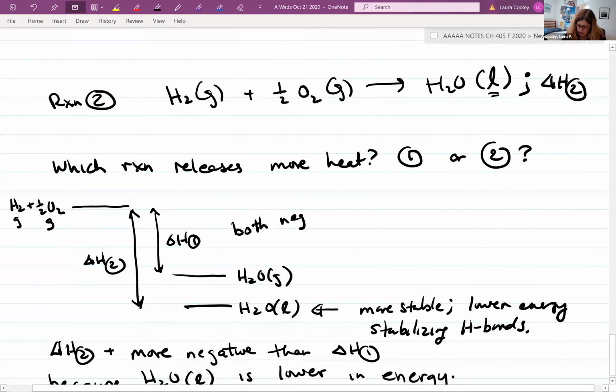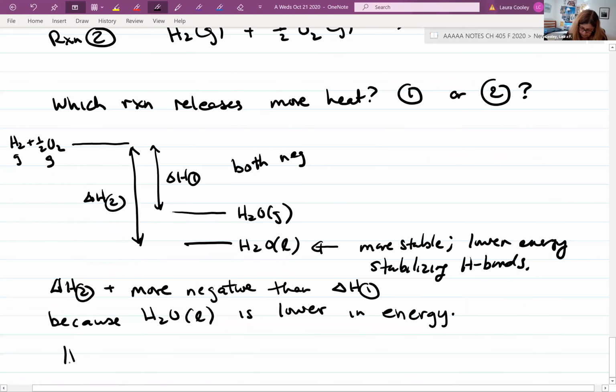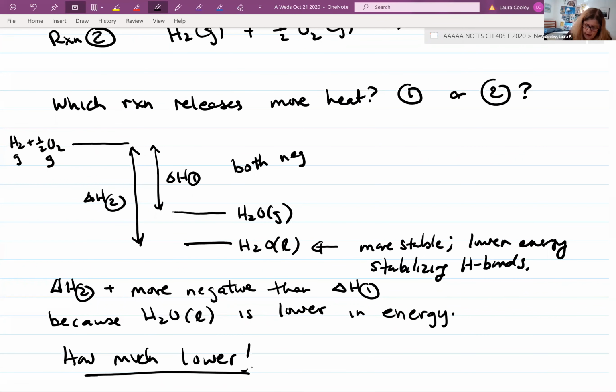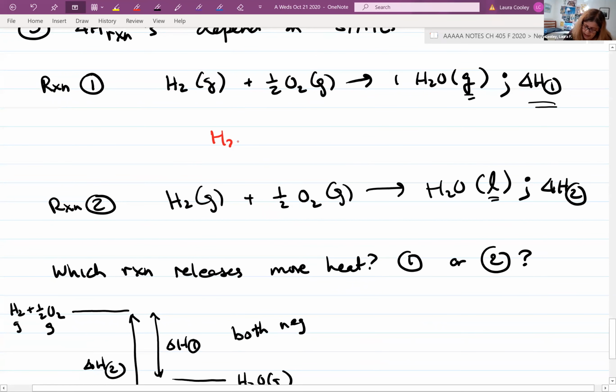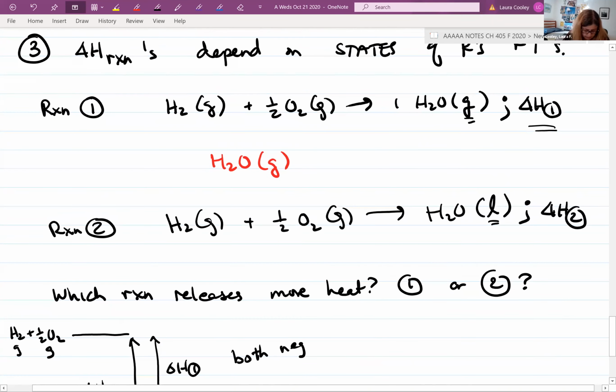So the question is, how much lower? Well, we know exactly how much lower, because if you go back up here, that's why I left a space, because I like to put in the process of water. Oh, I did this all wrong.